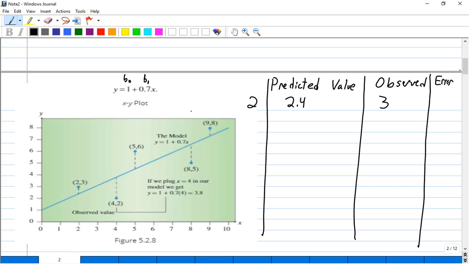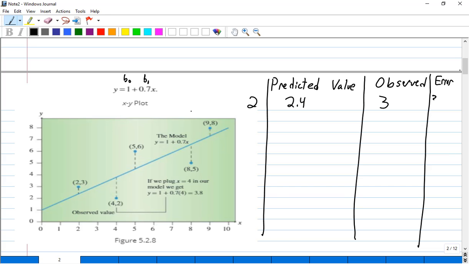The margin of error, or the error that we're going to find, is always going to be the observed value minus the predicted value. So it's what it actually is minus what we get if we plug in a 2 into our regression line.